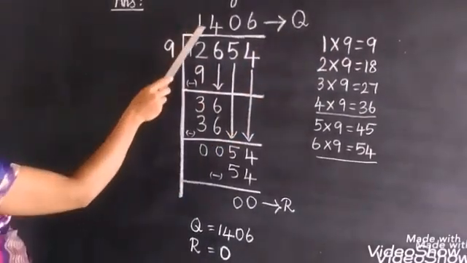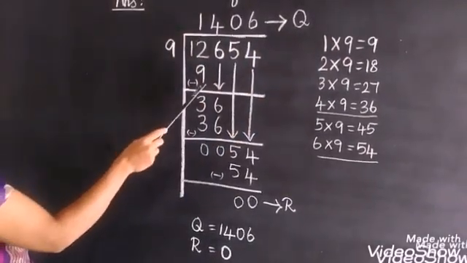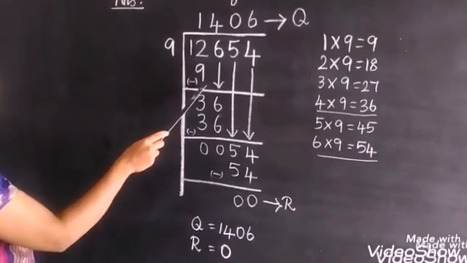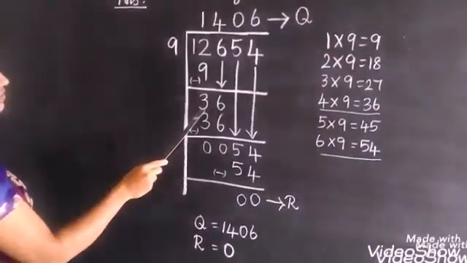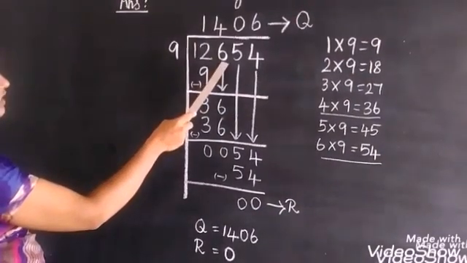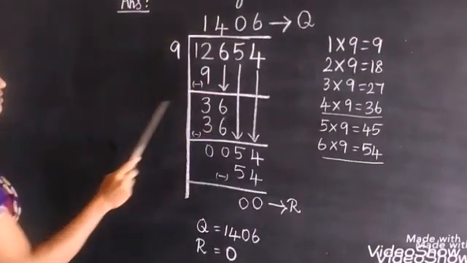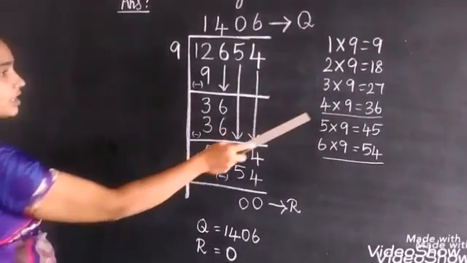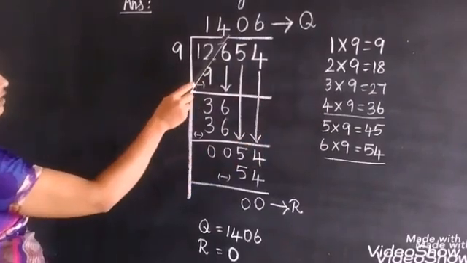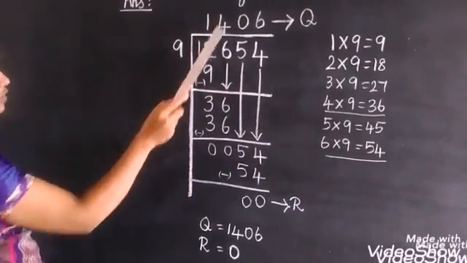1 9 is 9. So in the quotient place 1, and here we write 9. 12 minus 9, what will come? Yes, 3. Next digit we have to take. 36 in the 9 table, how many times? 4 9s are 36.